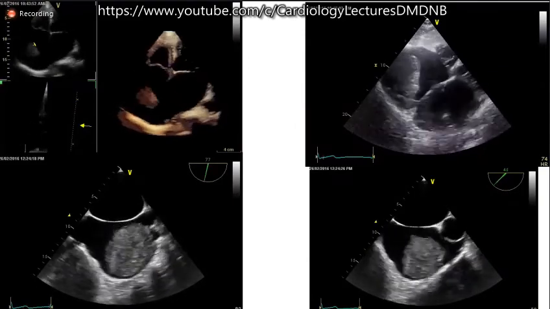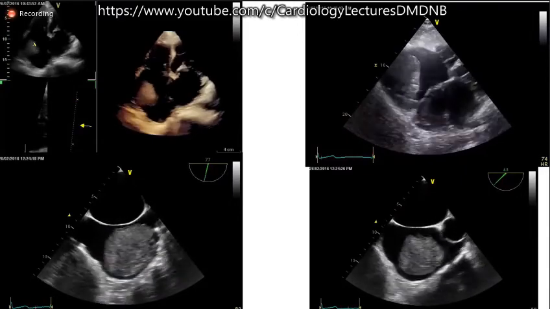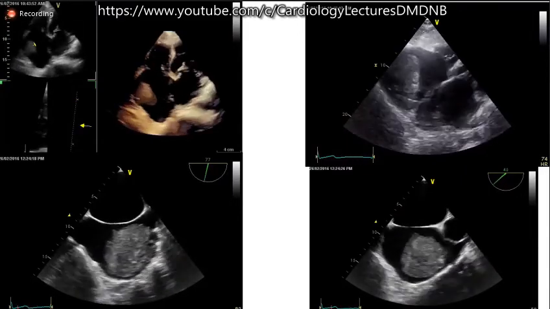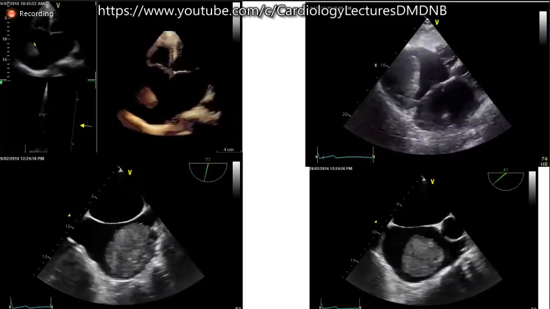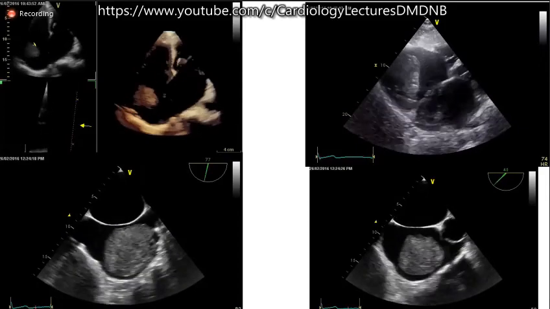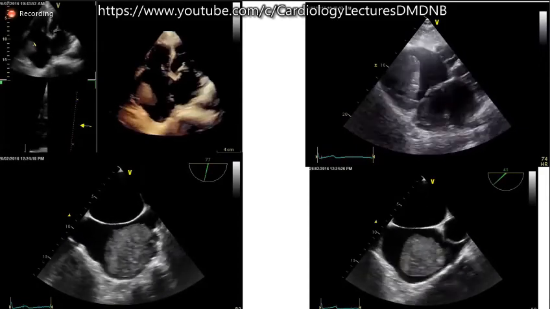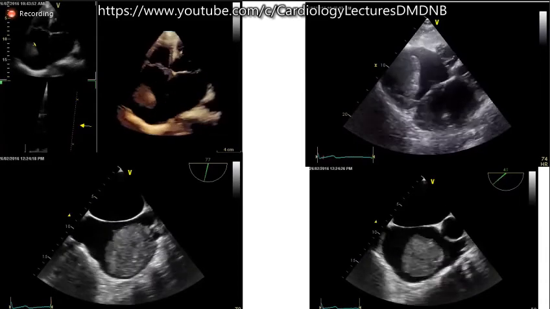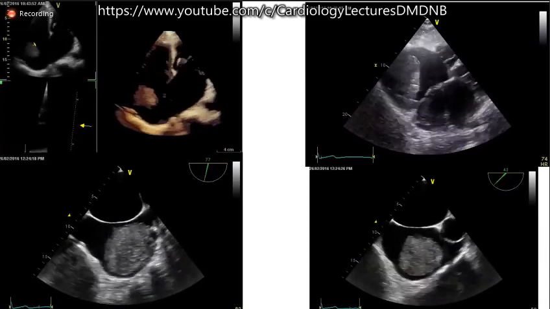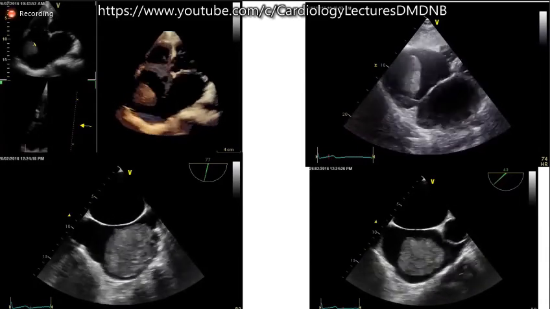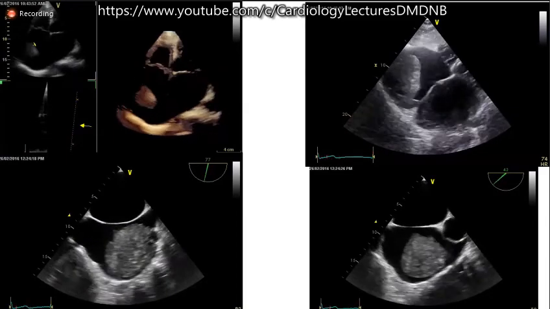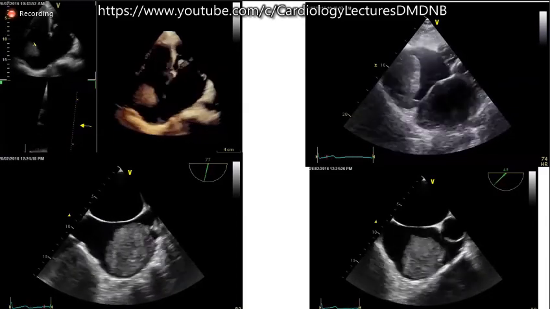How will you differentiate by doing an MRI between a thrombus, a clot, and a tumor mass? Any one of you? How will you differentiate a clot from a tumor mass by doing an MRI scanning? Any one of you?